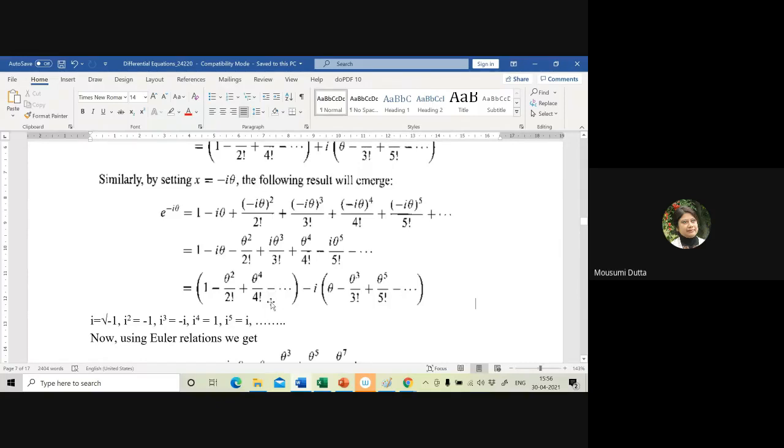And in a similar fashion, I am splitting the entire expression, the polynomial, into the real as well as imaginary part. I am subdividing this series into the real and the imaginary part. So check up to this. If there is any mistake or any question, please ask me.